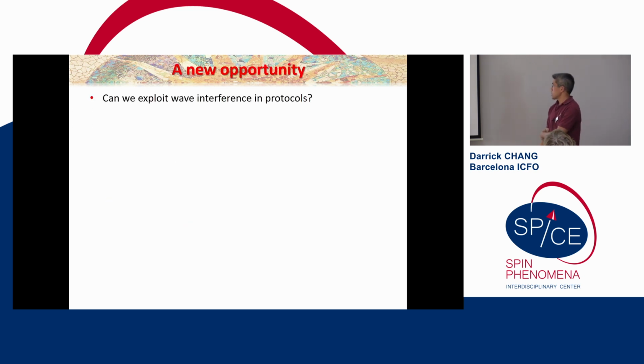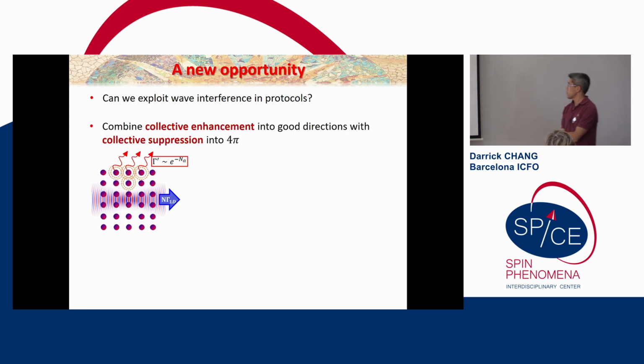Okay. So then the question is, can we exploit wave interference in protocols? I'll present this kind of deeper theory and in equations later, but I want to just kind of present the basic picture here because I think it's very simple to understand conceptually. So if you want to build an atom-light interface, which is efficient, again, you basically want to guarantee that anytime a collection of atoms is excited, it always emits into your good mode and never emits into 4 pi.